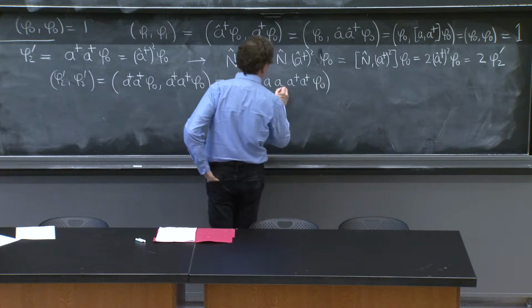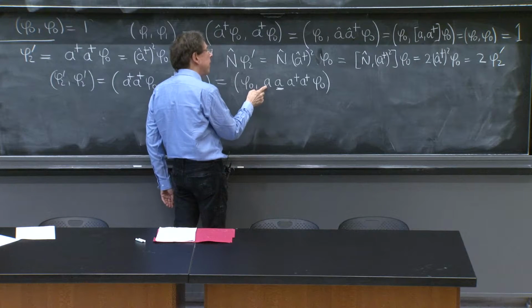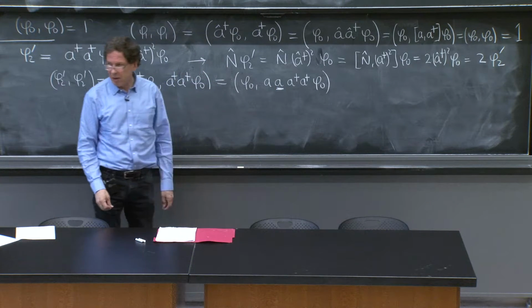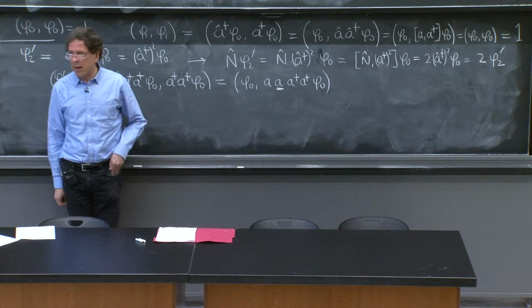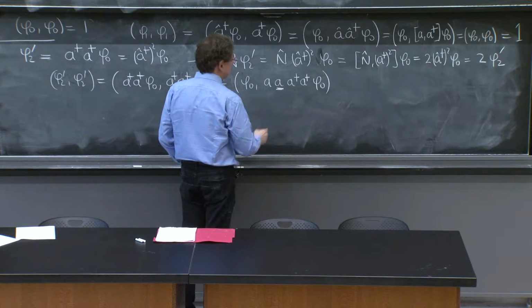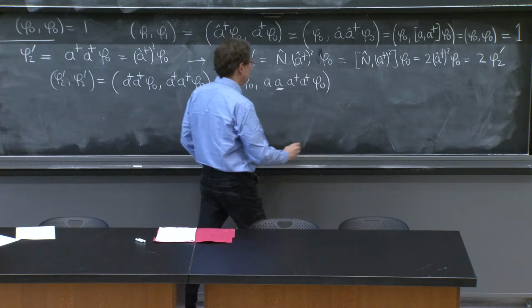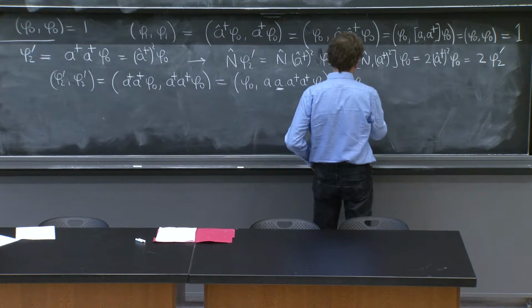This A is here and wants to act on this thing, and then this other A will, but let's just concentrate on the first A that wants to act. A would kill phi 0, so we can replace this whole thing by a commutator. So this is phi 0.